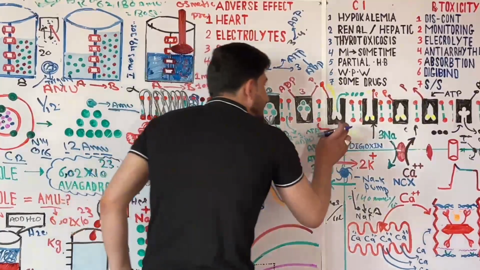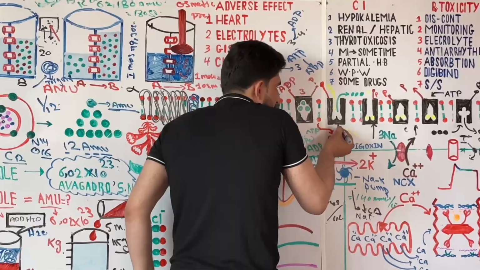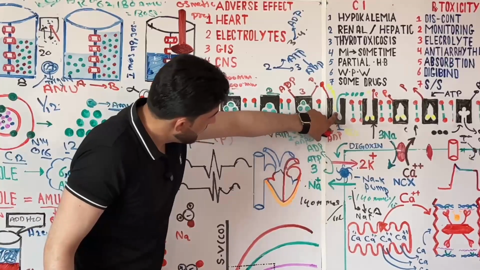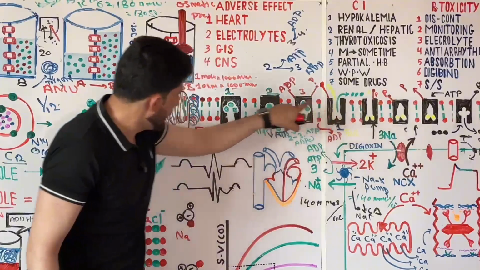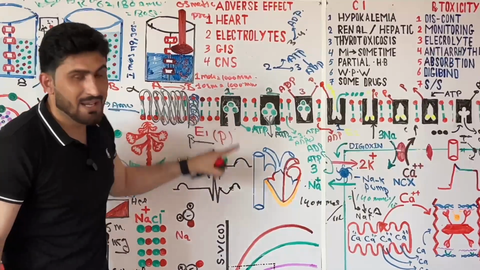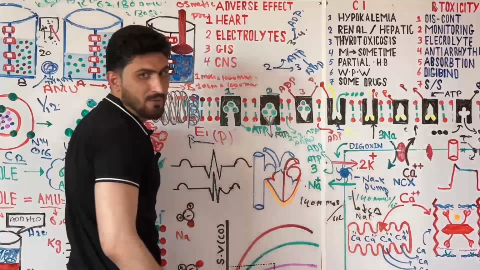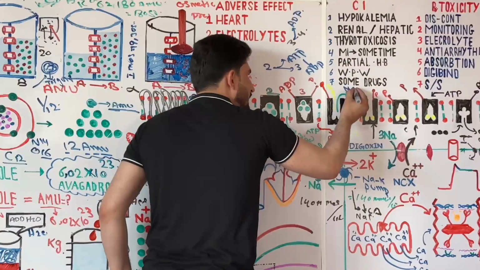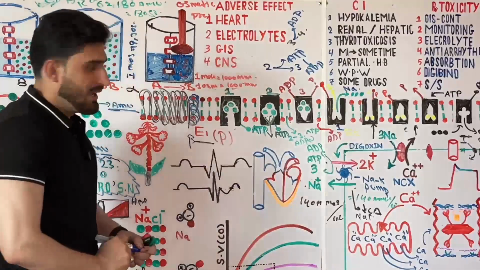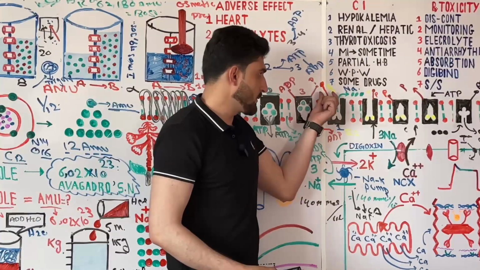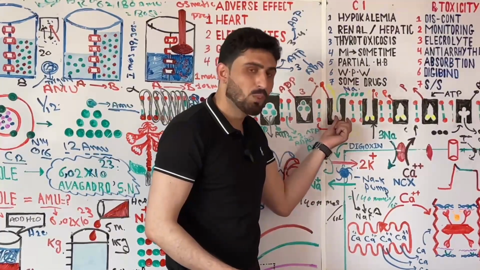And now in E2 stage, for example, this is the first stage of E2. In this first stage of E2, its affinity for binding sodium is now less. It loses sodium to the outside of the cell.